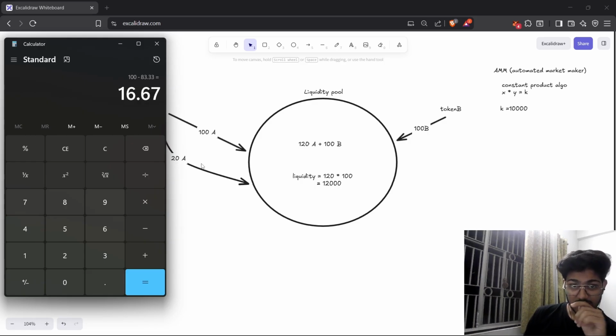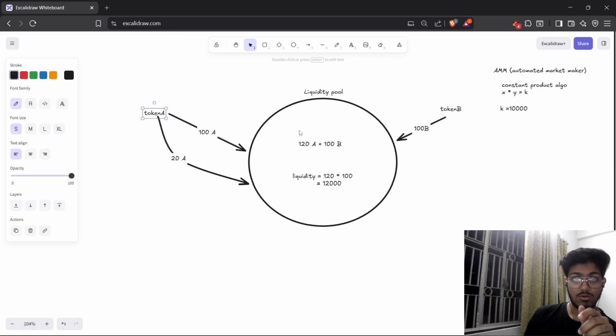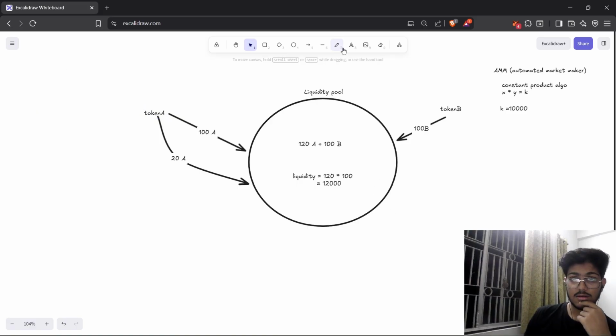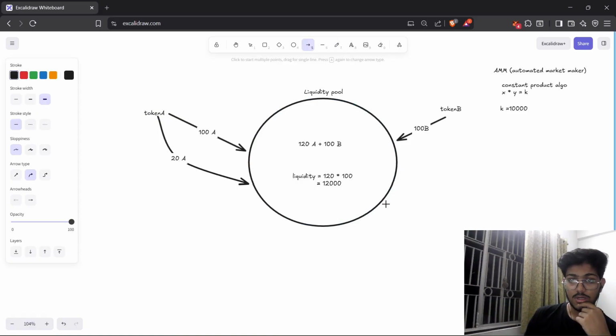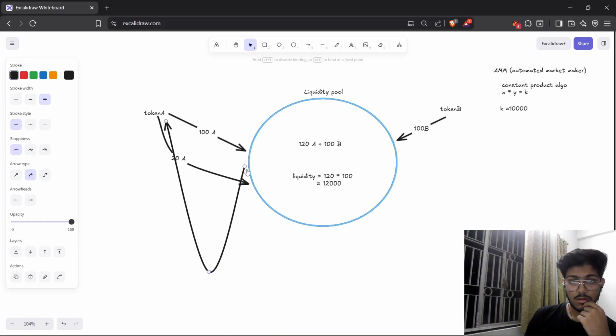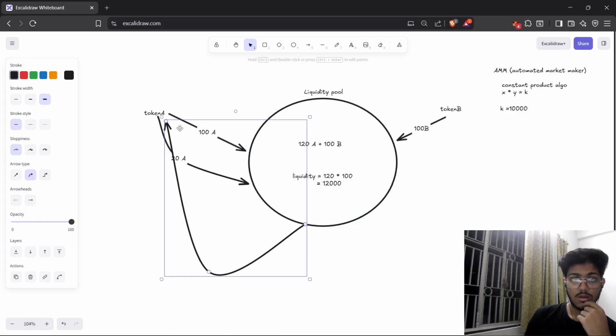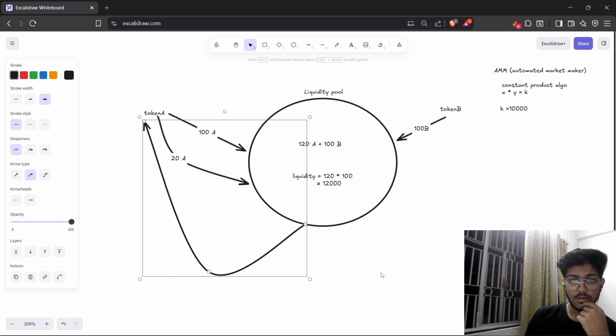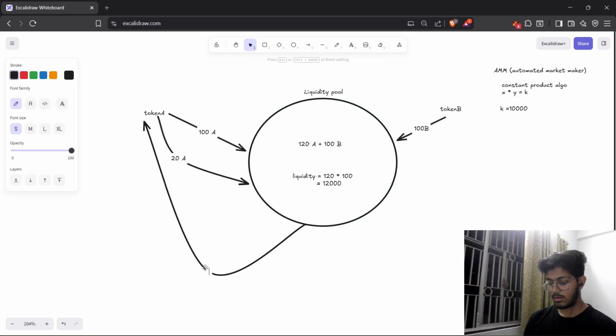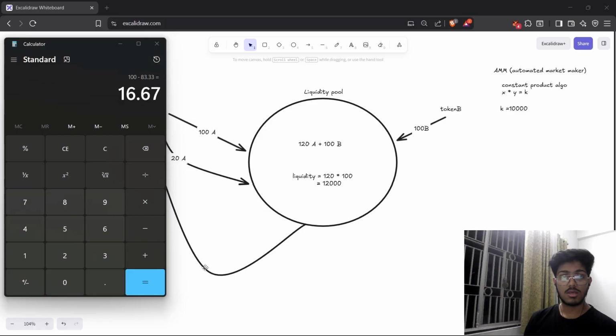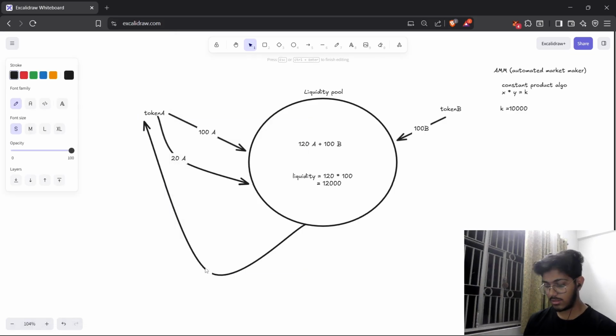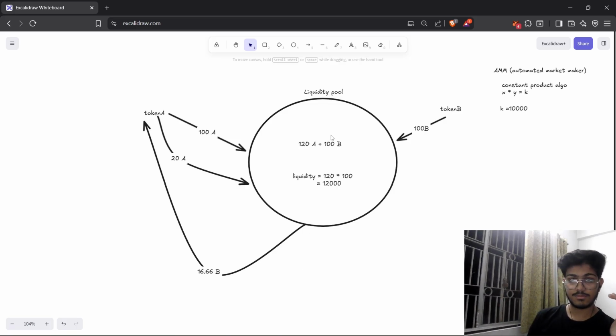So this person, token A, will get 16.66 of token B.